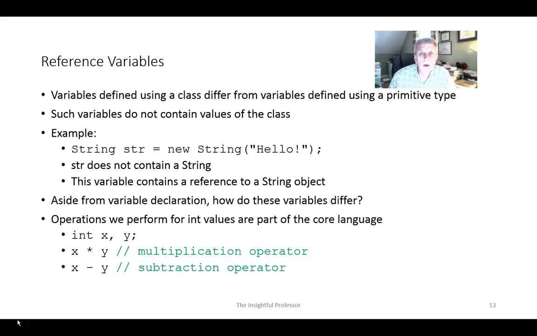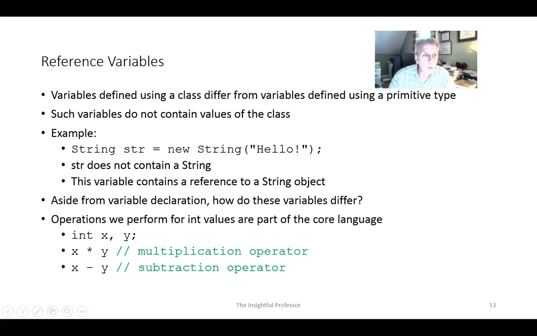When you define a variable, you specify the data type for that variable. If the data type is a primitive type, then effectively that variable gives you direct access to the value that would be stored with or assigned to that variable storage. But when you create a variable that's associated with a class, you are actually creating a variable that serves as a reference to the object that gets instantiated.